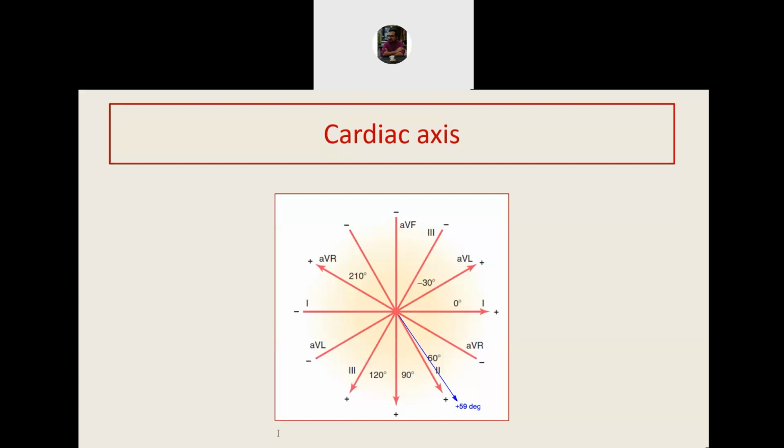That doesn't mean that every one of us will have the same value of the ventricular vector. The ventricular vector can lie anywhere between minus 30 degrees to plus 110 degrees. So between minus 30 to plus 110, any value of cardiac axis is considered to be normal.